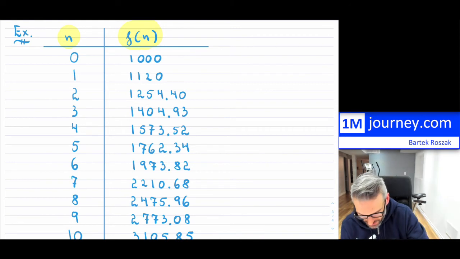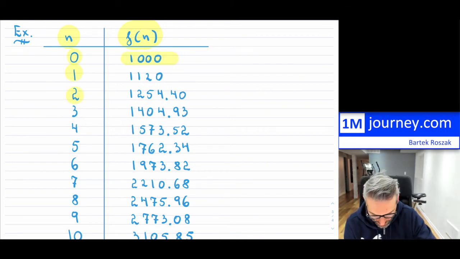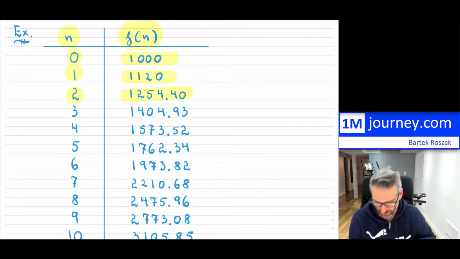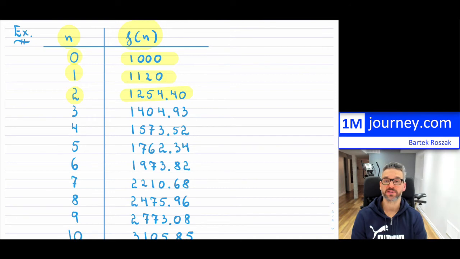And now, if this is 0, 1, 2, and so on, we get the corresponding outputs. All right. So as we go on, we notice that it looks like it's going up in some way. Now, what if I wanted to find out what the rate of change is between two particular points, with respect to some output and some input that we have.